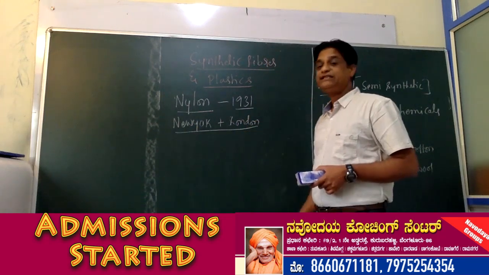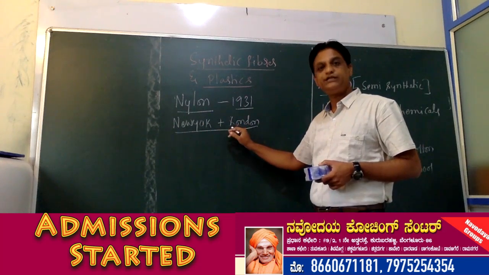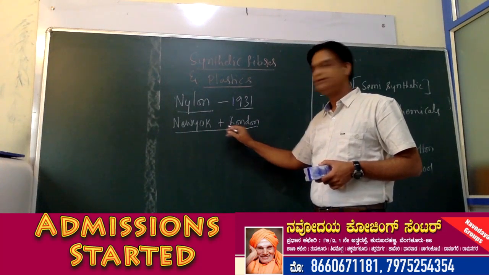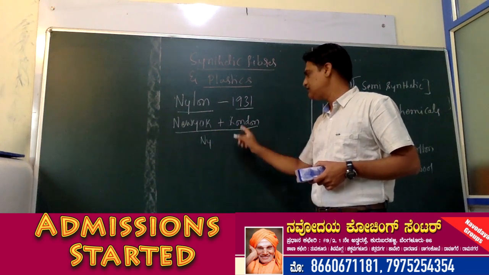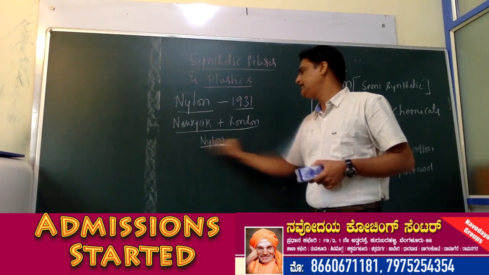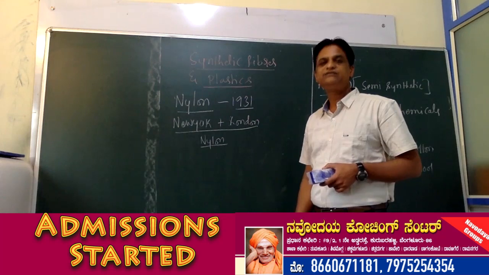So in 1931, this fiber was prepared in two big cities, New York and London. So they took NY from New York and LON from London, and they gave the name nylon to that fiber.